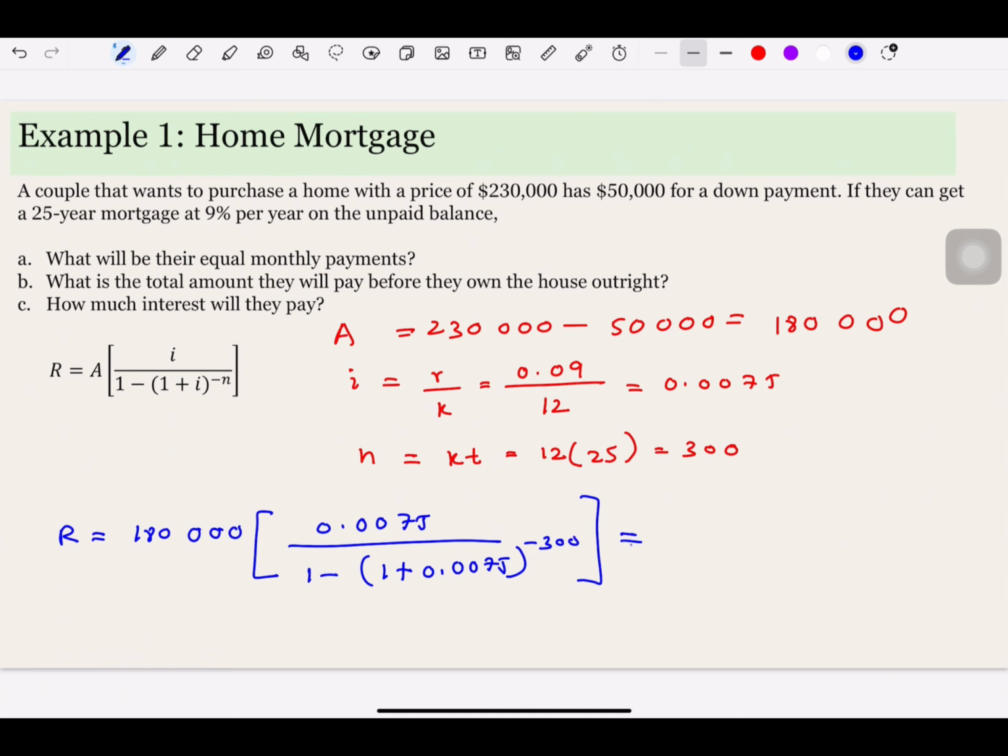If you simplify this, you'll get approximately $1,510.553. So the required payment would be this value. This is the payment you have to make each month for 25 years.